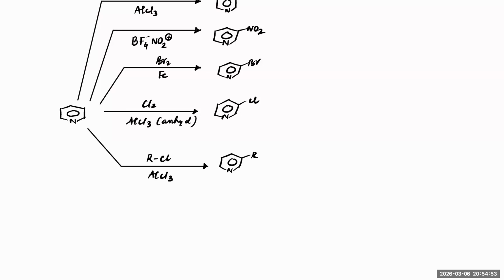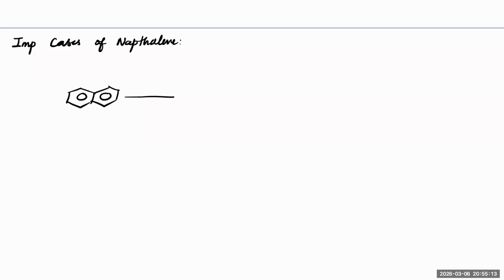Now, next we learned naphthalene, but certain important cases of naphthalene. Check out important cases of naphthalene. In case you have naphthalene here like this, we know that generally if you do bromination or halogenation or alkylation, we will get that ortho position which is major, correct?